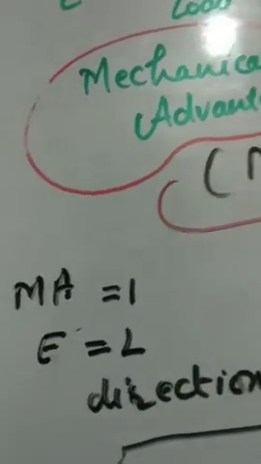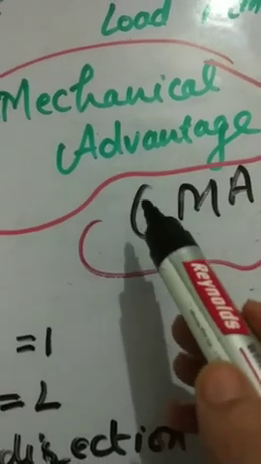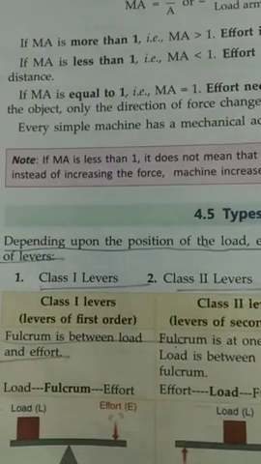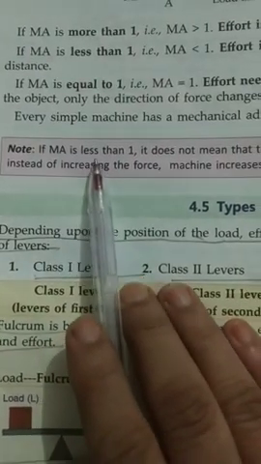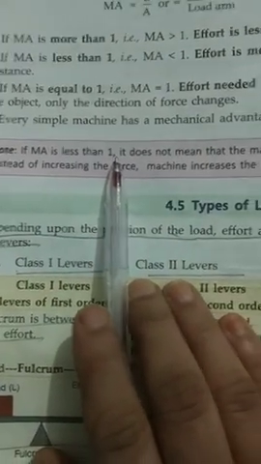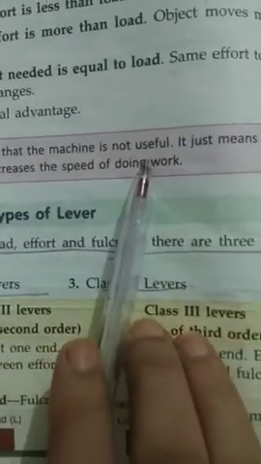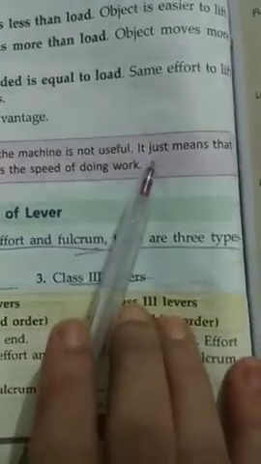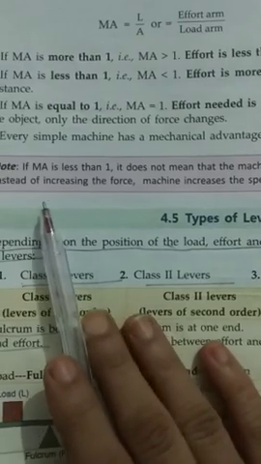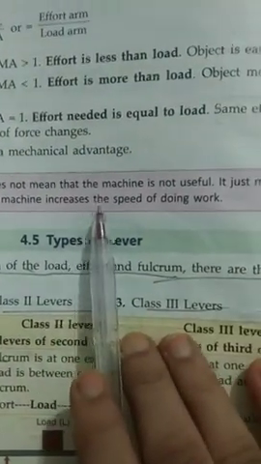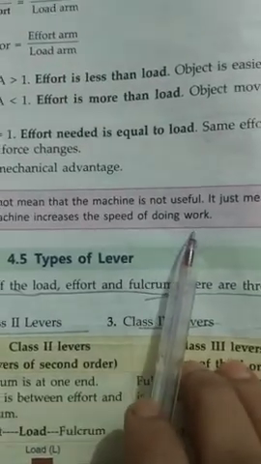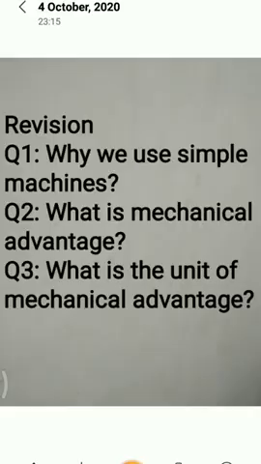So every simple machine has mechanical advantage. Important point to be noted: if mechanical advantage is less than 1, it does not mean that the machine is not useful. It just means that instead of increasing the force, the machine increases the speed of doing work.